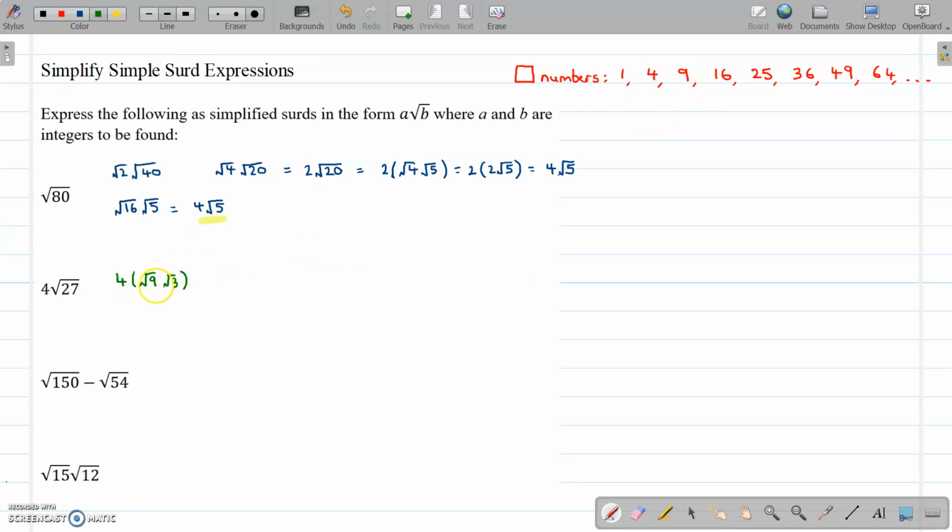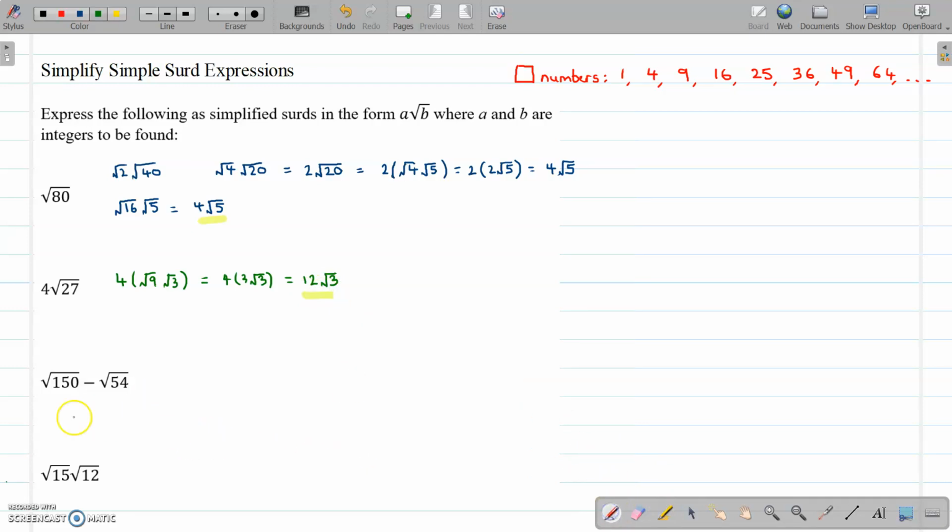So it's 4 times 3 times root 3, 4 lots of 3 root 3, which is 12 root 3. That's quite a straightforward one, again recognizing and looking for the highest factor of 27 that was also a square number.